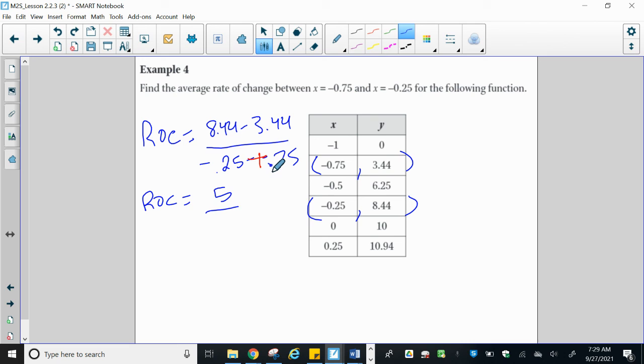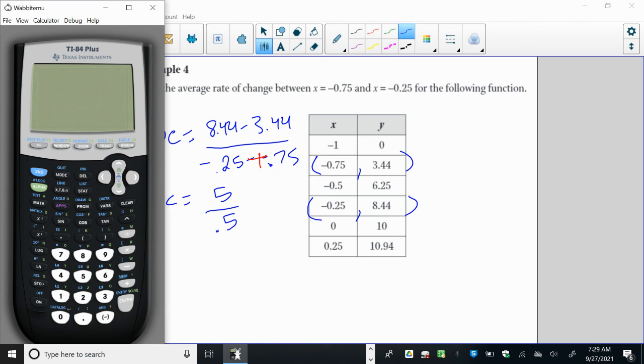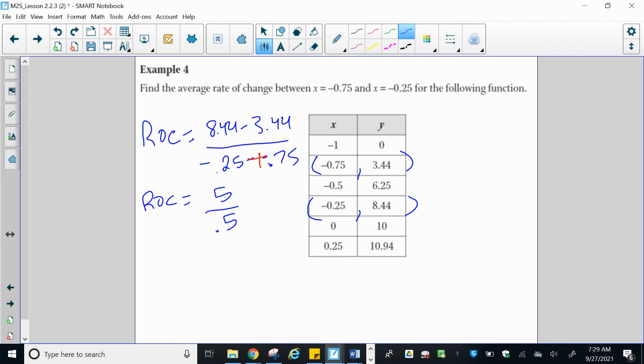So -0.25 plus 0.75, that'd be 0.5. Okay, and then check this in your calculator if you need to. 5 divided by 0.5, 10. Right, dividing by half is the same as multiplying by 2. So rate of change over that interval would be 10.